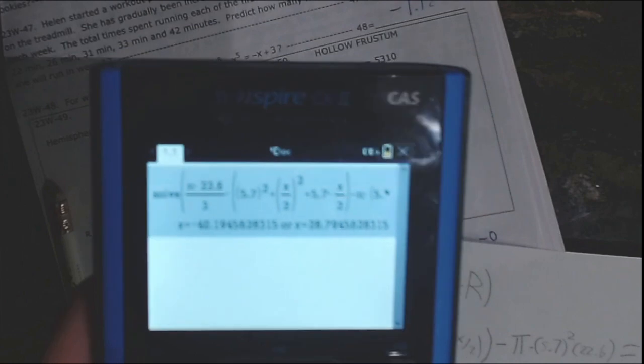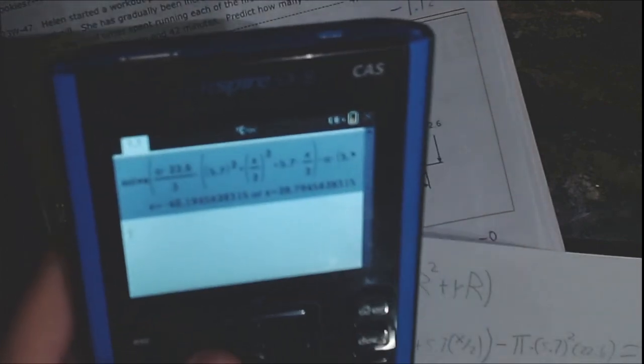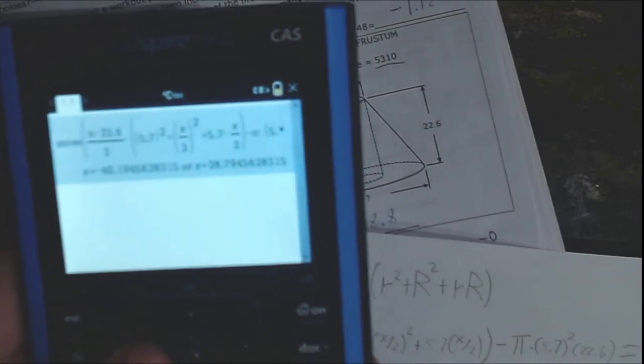And I get that my length is either negative 40.2, which is not possible, we can't have negative lengths, or positive 28.8, which is my answer.